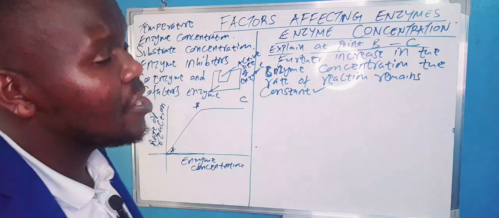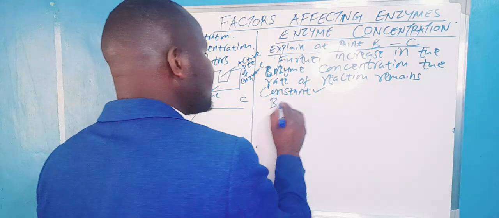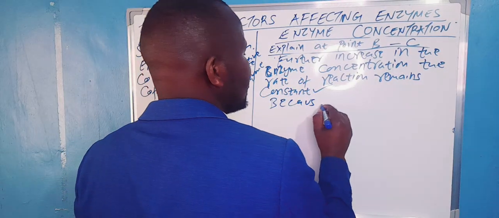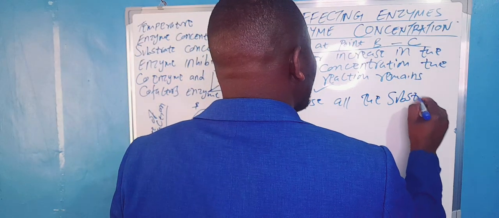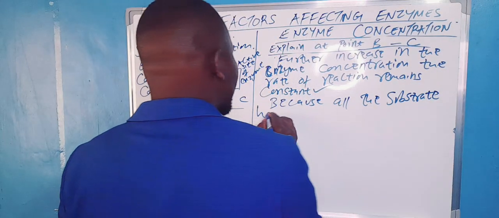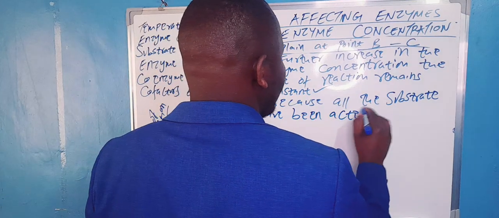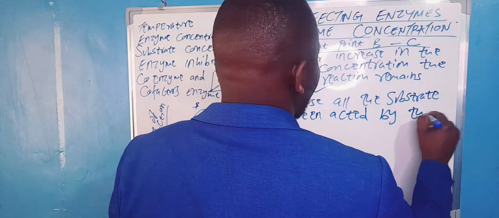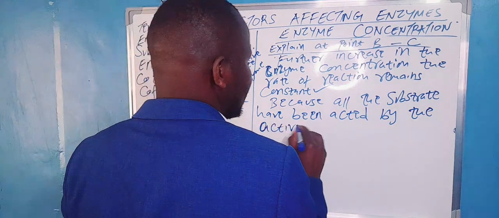So this one is remaining constant because all the substrate have been acted upon by the active sites of the enzyme.